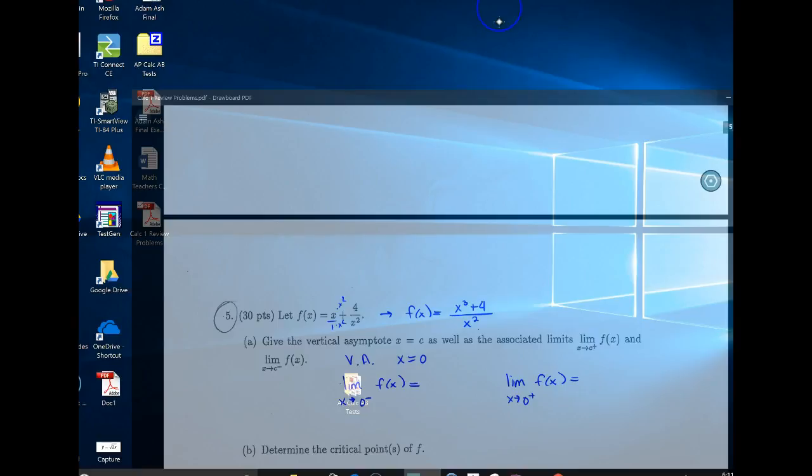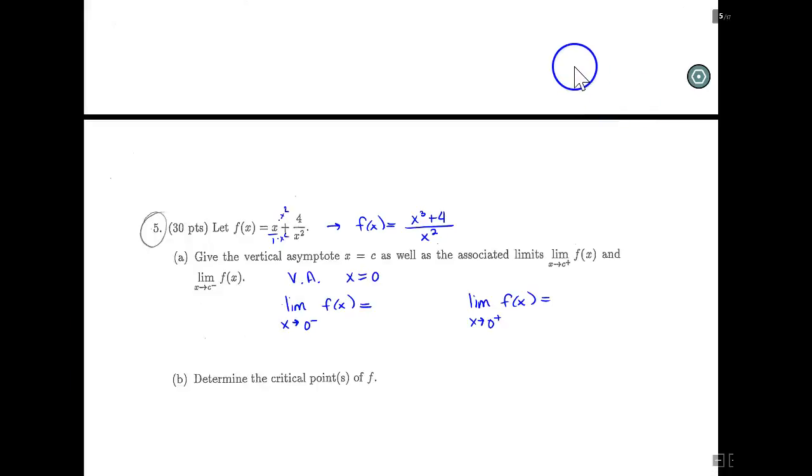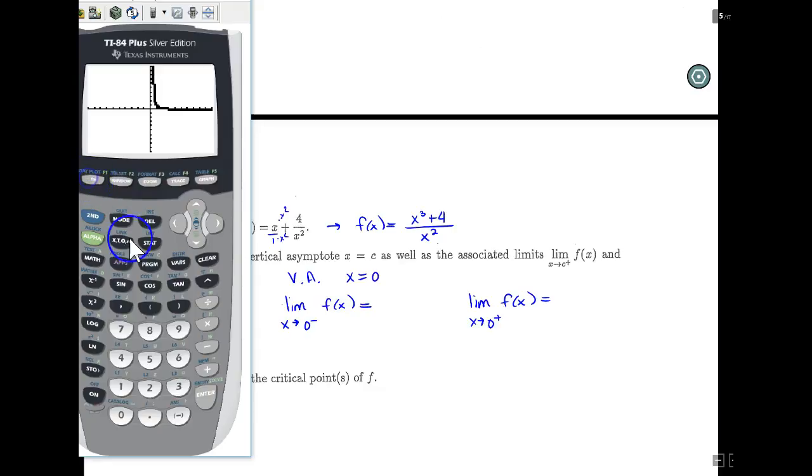Let me just take out the graphing calculator. So if I were to graph this, x to the third plus 4 divided by x squared.